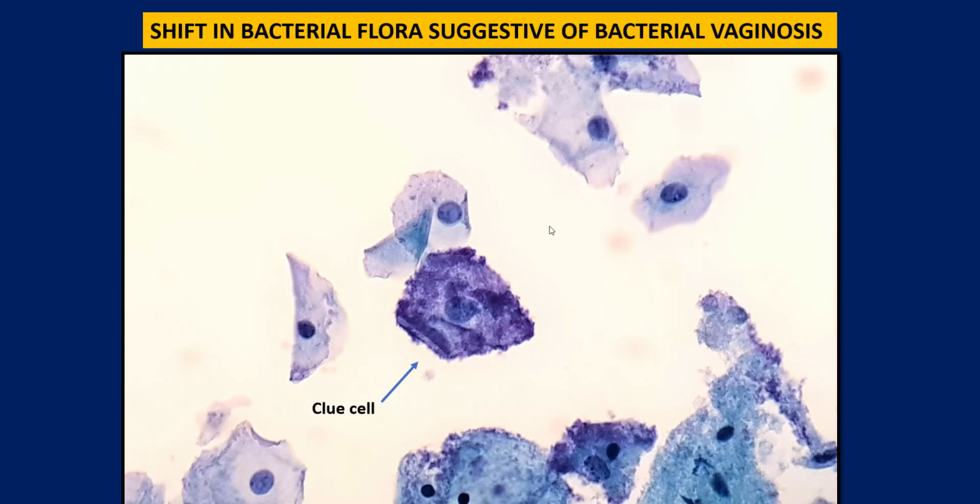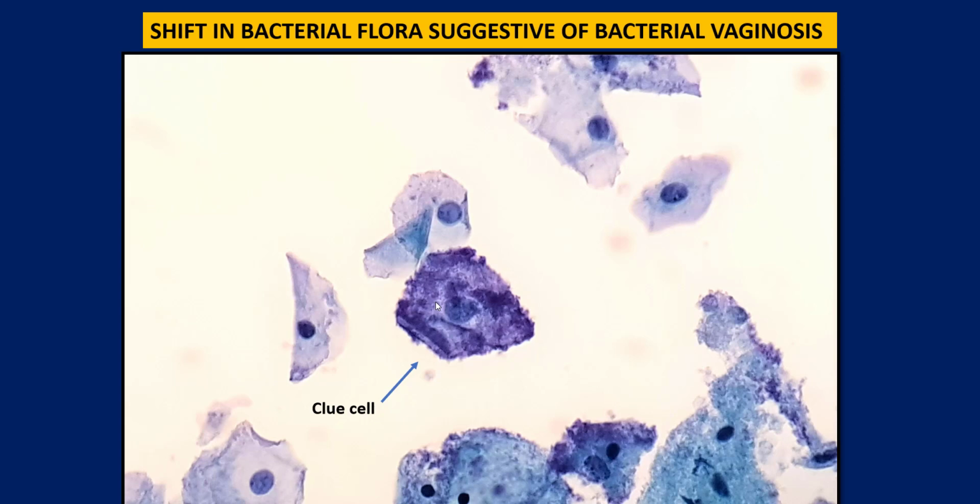Now, one of the key features of identification of this condition is the presence of coccobacilli, and these coccobacilli tend to be present on top of the squamous cells. They seem to be limited by the boundaries of the squamous cells. They cover the cytoplasm of the squamous cell. They go on top of the nuclei too, and these cells are called clue cells.